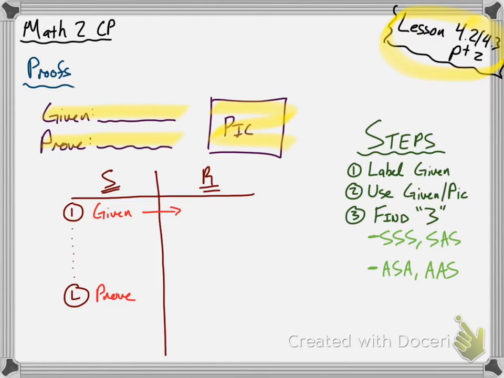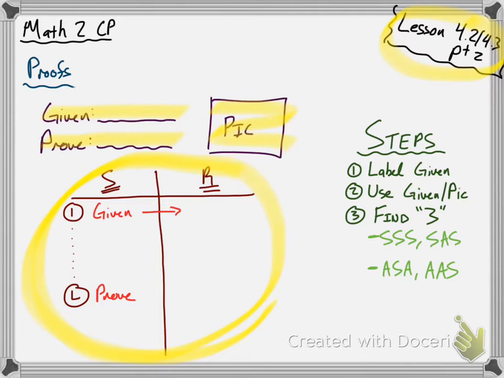And the way that we're going to organize our proofs, organize our ideas, is what I call a two-column proof. That's what everybody calls a two-column proof. And we have two columns where on the left we have our statements, and on the right we have our reasons. And we'll get more into the details of how we're going to write our proofs.